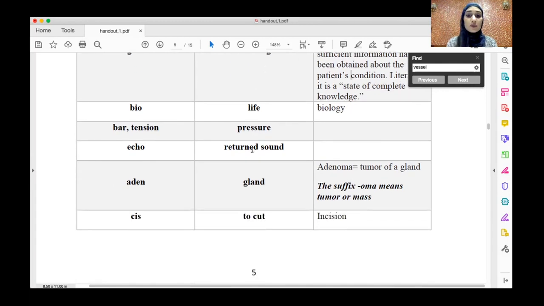We have bio, meaning life, like in biology, the study of life. We have bar or tension, meaning pressure. We have echo, meaning returned sound. Aden means gland, like adenoma, a tumor of a gland. As we said, the suffix oma means tumor, and we have cis, to cut, like incision.